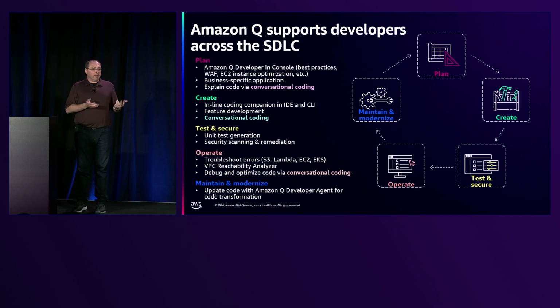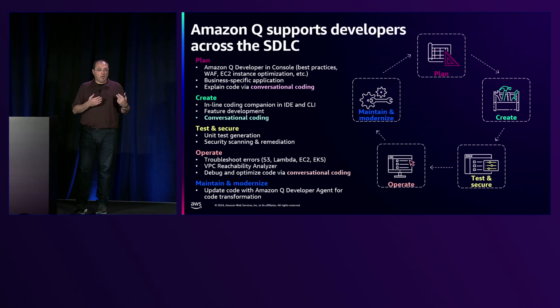On Tuesday, we announced a preview of Amazon Q Developer investigations. So investigations is a way that we can use the power of generative AI to review your operational logs and then be able to provide hypotheses on root cause for operational issues that have occurred.